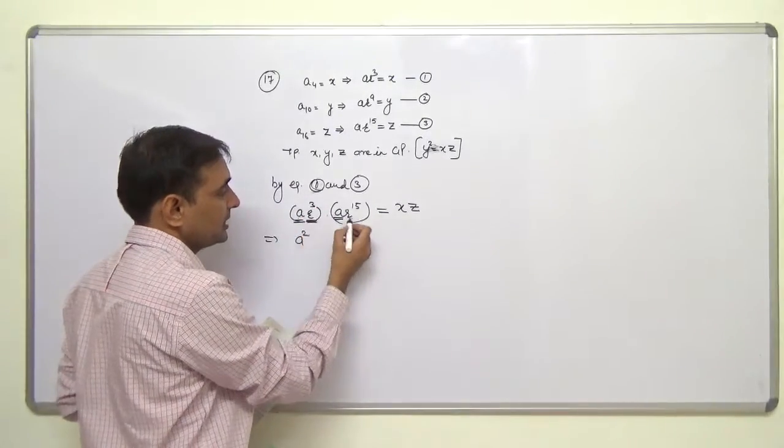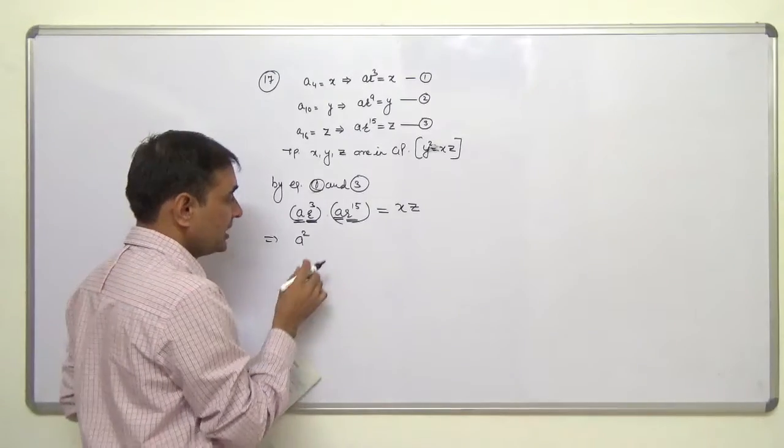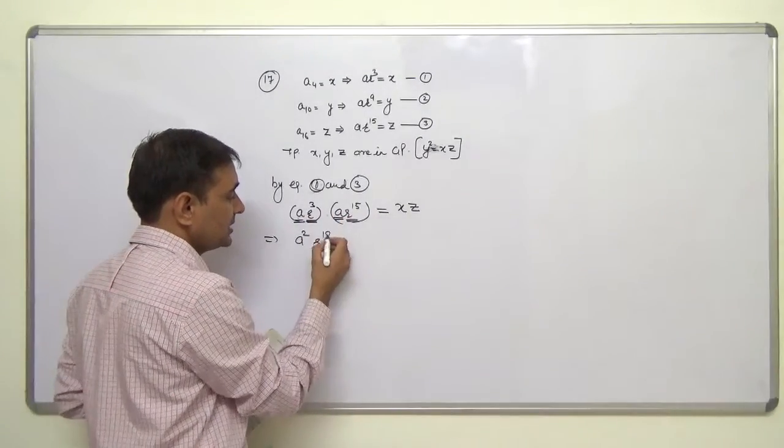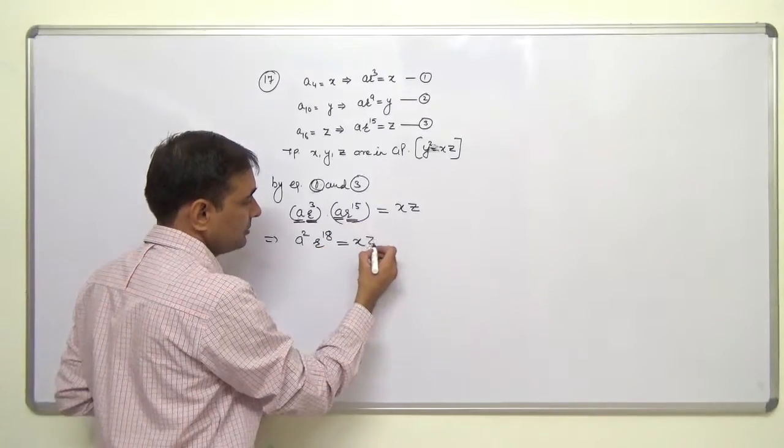This is r cube and this is r 15. These सेम है, पावर्स ऐड हो जाएंगी. r raised to power 3 plus 15, that is 18, is equal to x into z.